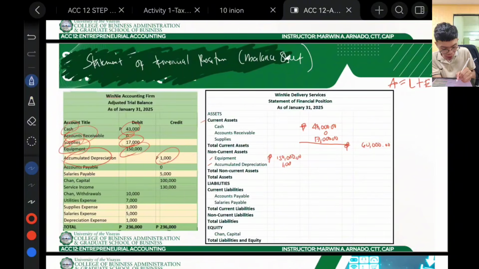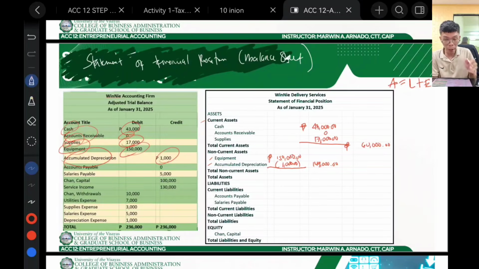So if you've noticed, class, we credited accumulated depreciation here. And as I have said, accumulated depreciation is a contra asset. Therefore, we need to deduct it against the asset it is deducted from. So for equipment, 150,000 minus 1,000, our equipment's book value should be 149,000.